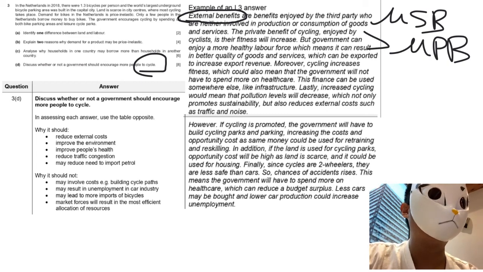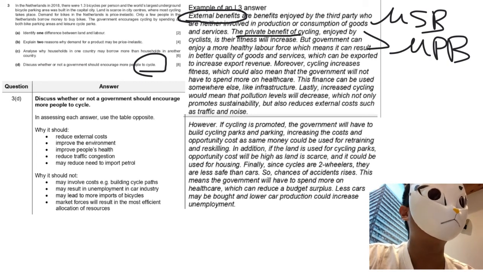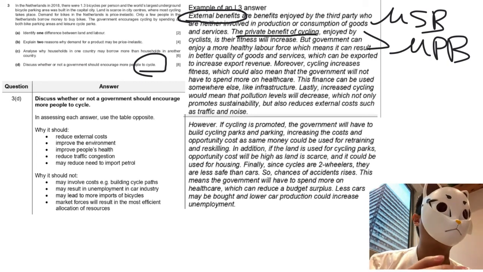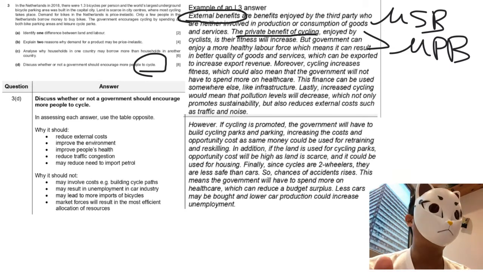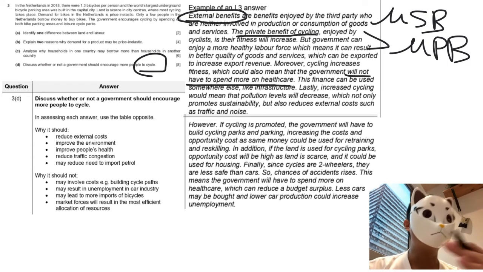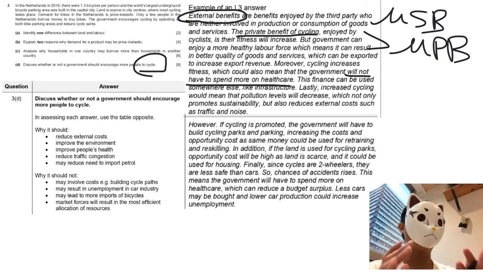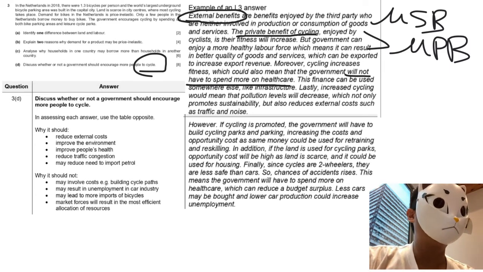For candidates, in your essay you have to define the private benefits of cycling. Of course, they will become more fit. But for the social benefit, when they become more healthy, the government might spend less on health care, and the finance will go to something else, like infrastructure.